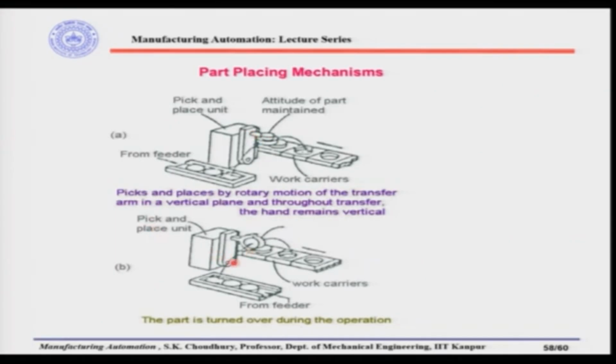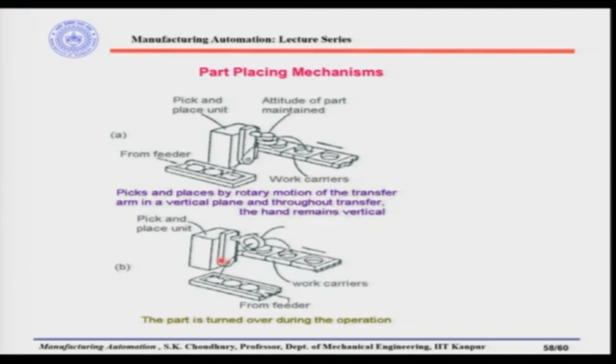So, there are two degrees of freedom here. Here is another example, where the pick and place unit is here. This is the work feeder and parts are coming from the feeder to be placed on the work carriers. So, here also, like in this design, we have the manipulator which can rotate about this point, okay.